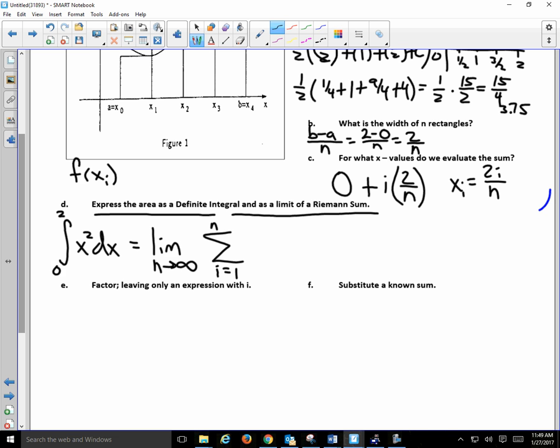This tells me to take x sub I, or 2i over n, and plug it into the function, into x squared. So 2i over n squared times delta x. What's delta x? 2 over n.